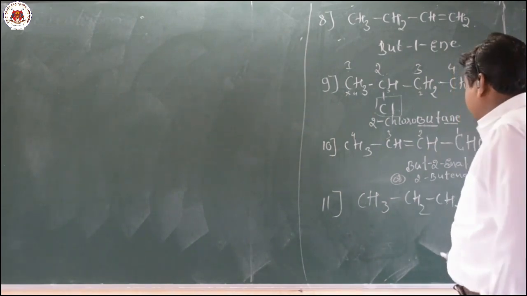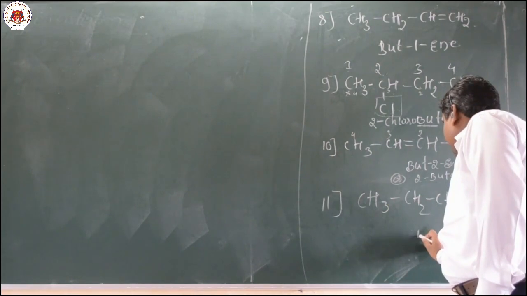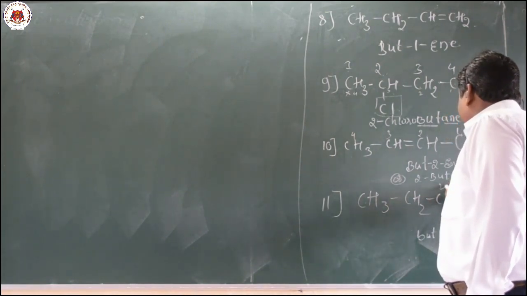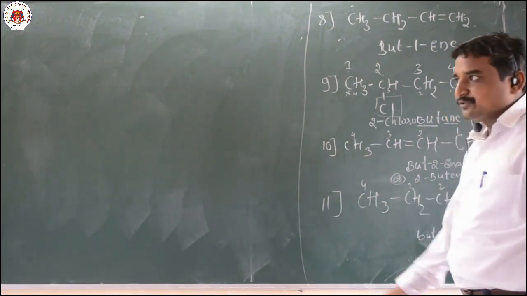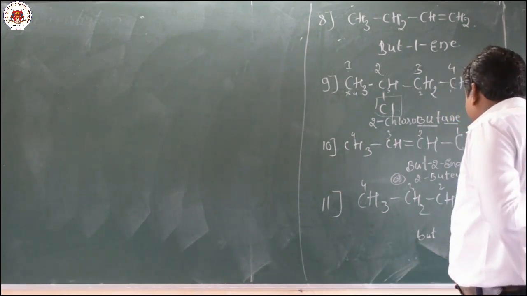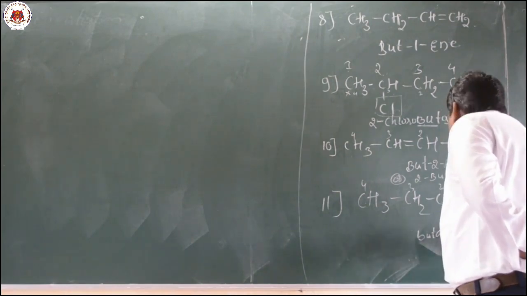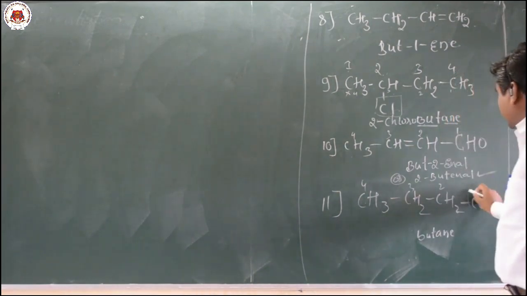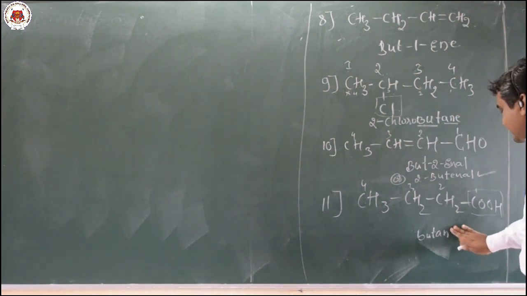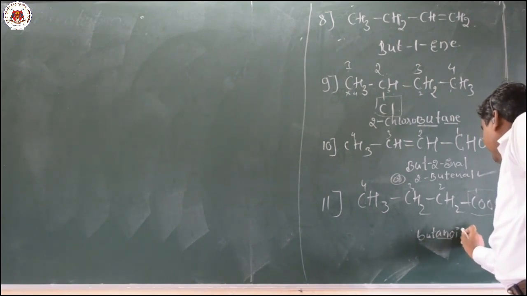Now the last one. Here we have 4 carbon atoms, again the root word is but, and numbering starts from this end, 1, 2, 3, 4. It does not matter about substituent groups here. The primary suffix is ane, but because of the presence of the functional group COOH, it replaces the e letter of the primary suffix, giving butanoic acid.